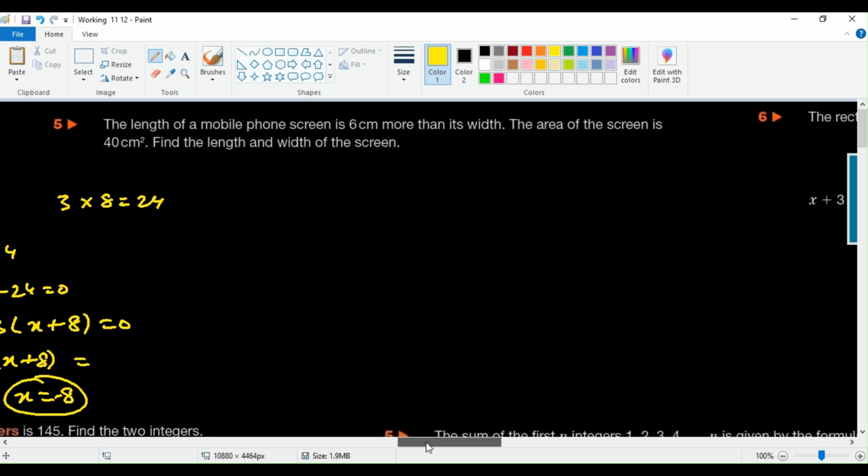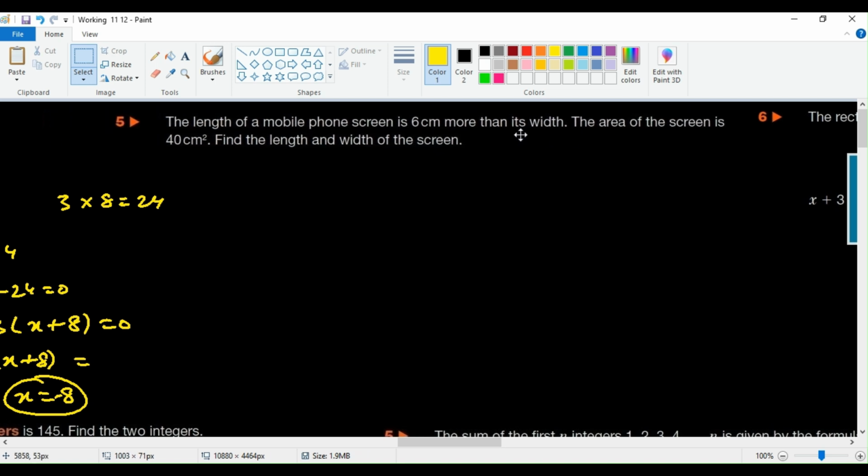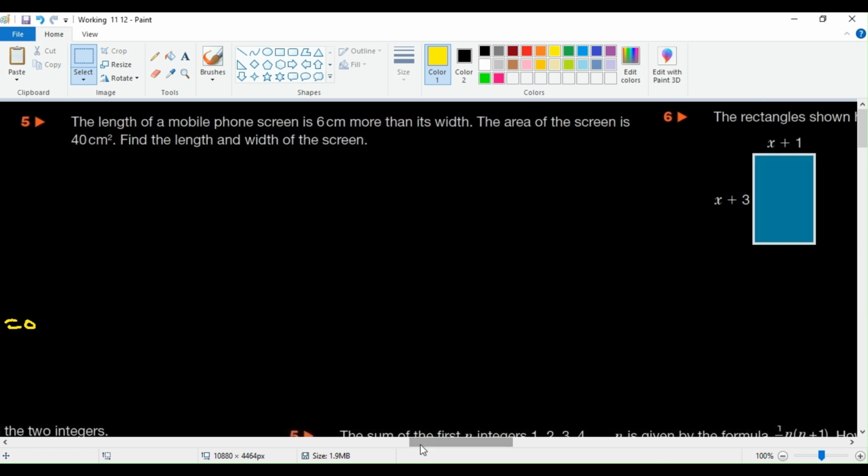In here I'll just drag this a little to make room for question number 5. Okay, now in here it says that the length of a mobile phone is 6 centimeters more than its width.